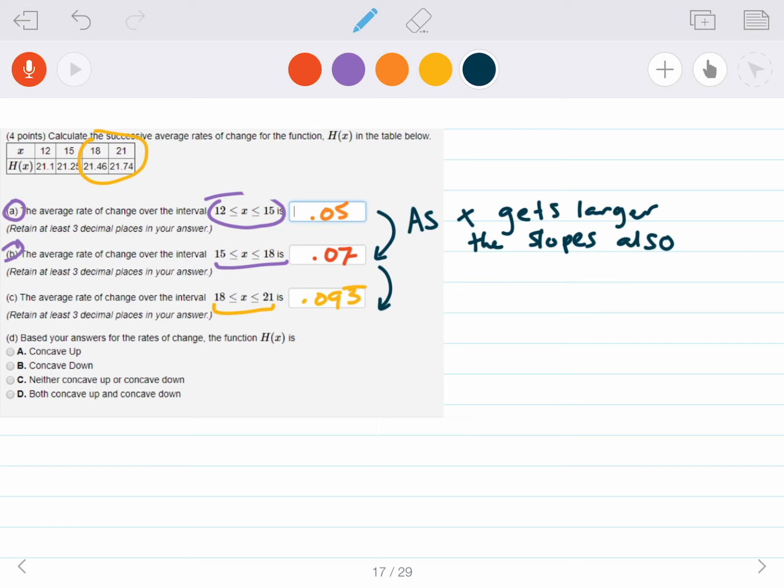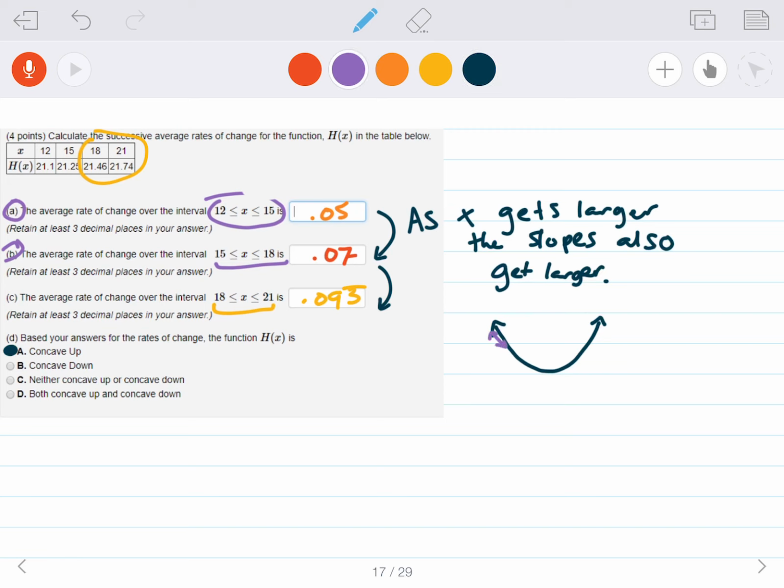So as x gets larger, the slopes also get larger, right? And because of this, it means that we are concave up. All right, so our answer here is going to be concave up.